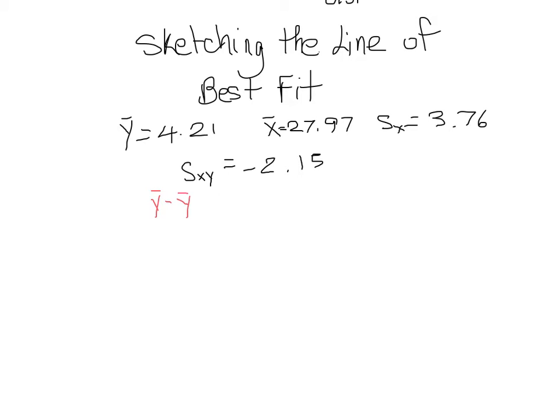We were then asked to find the equation of the line of best fit, and we used this equation, y minus y bar equals Sxy over Sx squared times x minus x bar, in order to find our equation. If you are not sure of how to do that, look back in the last video linked below.